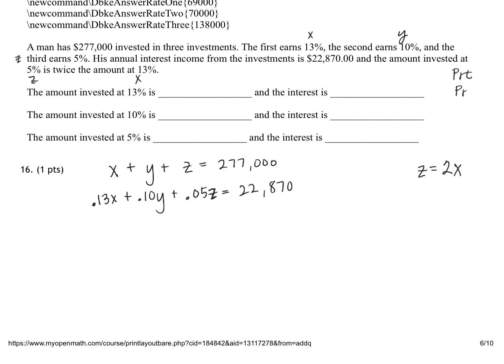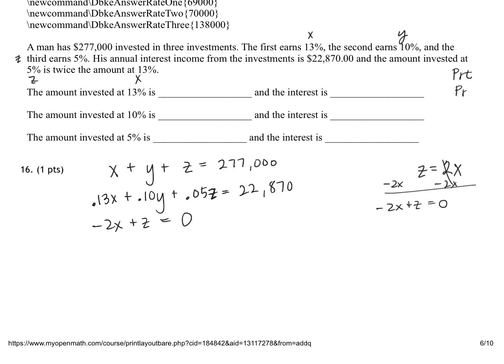You can write it like this, or you can put the variables on the same side by subtracting 2X from both sides, so you could have negative 2X plus Z equals 0. Okay, so that would be our three equations.